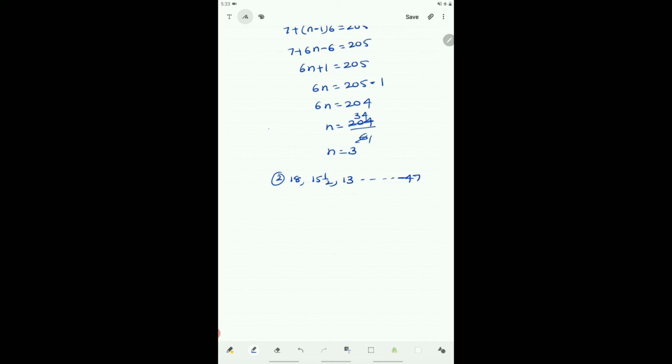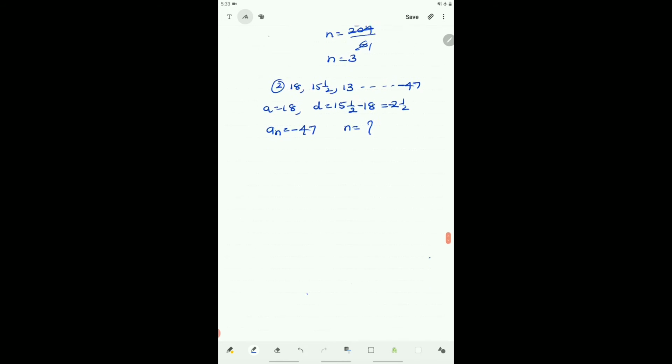Here a = 18, d = 15 1 by 2 minus 18, that is 18 minus 15 and a half, which is negative 2 and a half. And an = minus 47 and n = ?